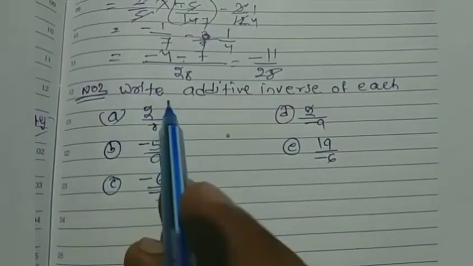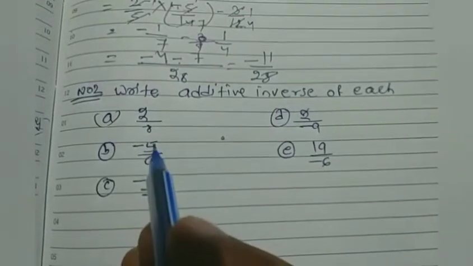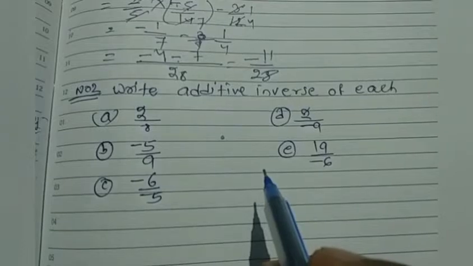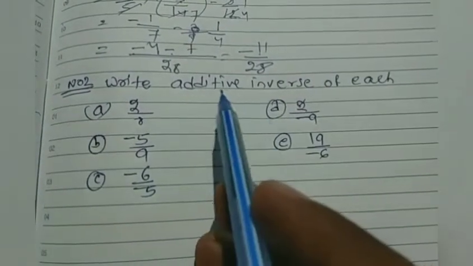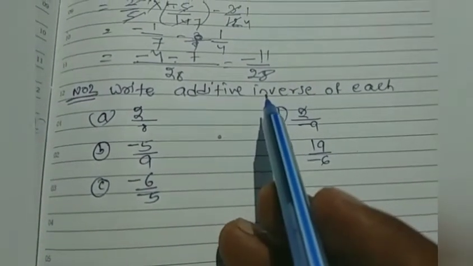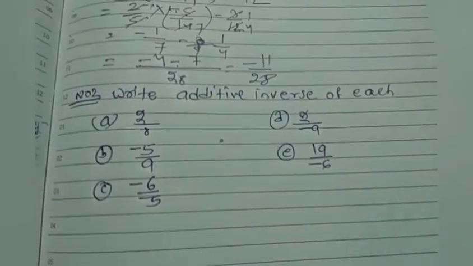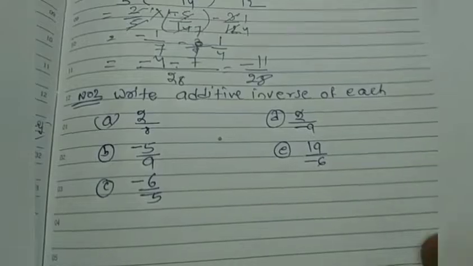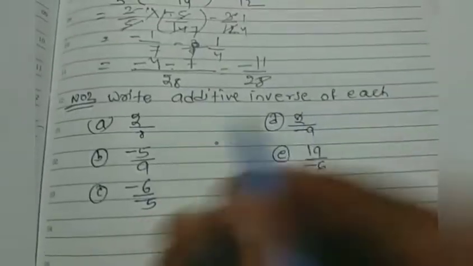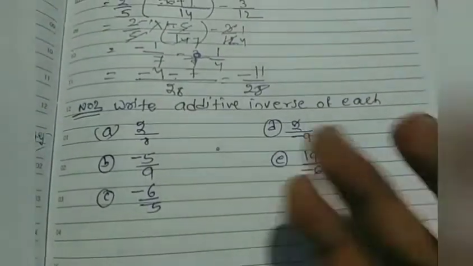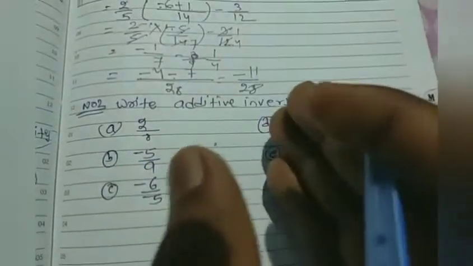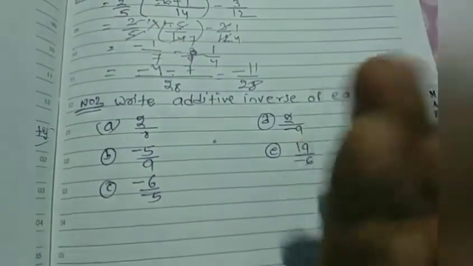Next, number 2: write the additive inverse of each. You have to write the additive inverse. I have already said that for the additive inverse or negative of a number, we have to just change the sign of the rational number, because when the rational number and the negative rational number are added, it gives the result 0.